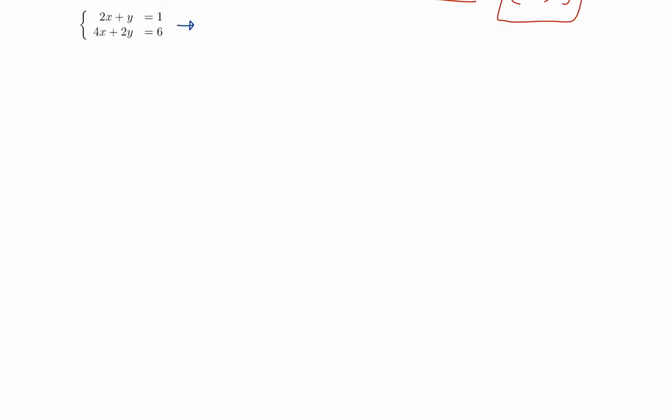Okay, so first writing matrix 2, 1, 1, 4, 2, 6. So first we're to make this number 1. So how do we do that?